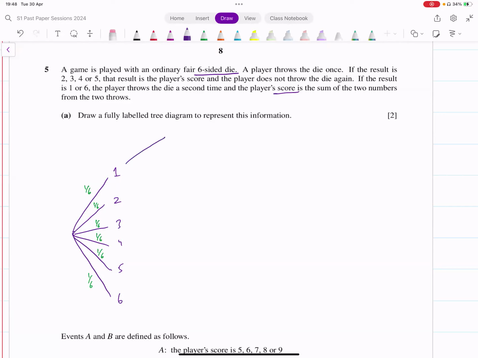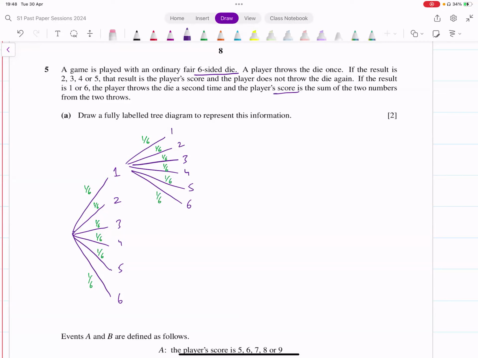The second time again, he has those 6 possibilities. He can get 1, 2, 3, 4, 5, or 6. What are the probabilities? 1 out of 6 for each.